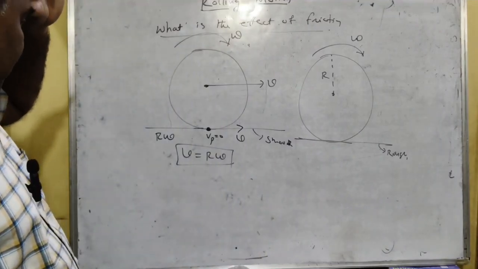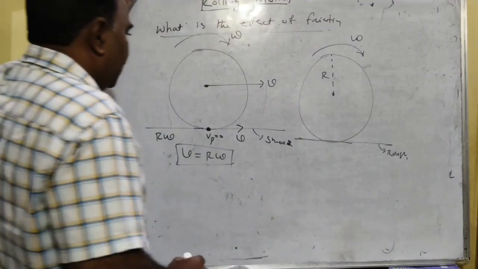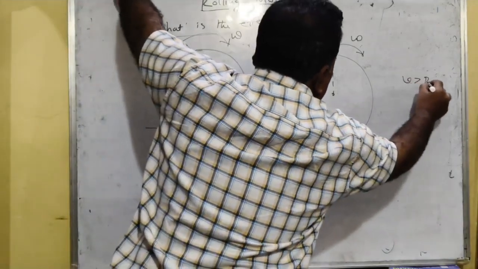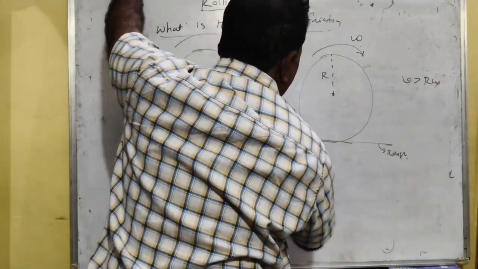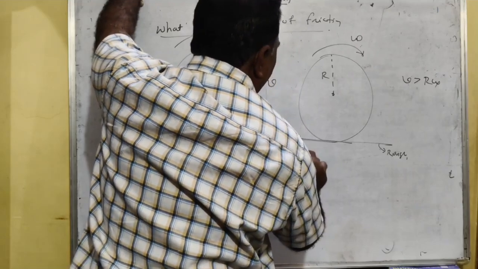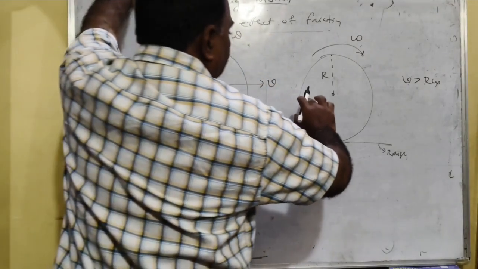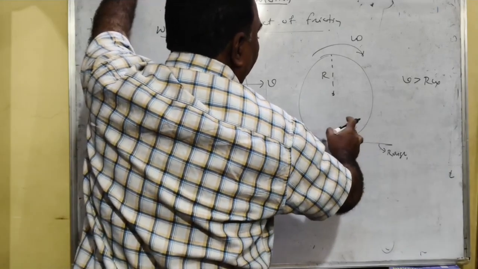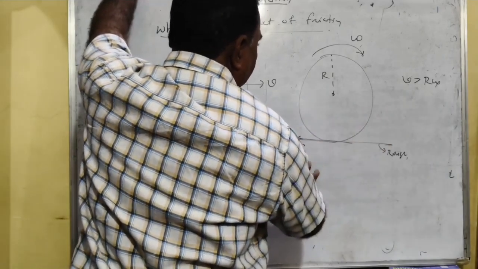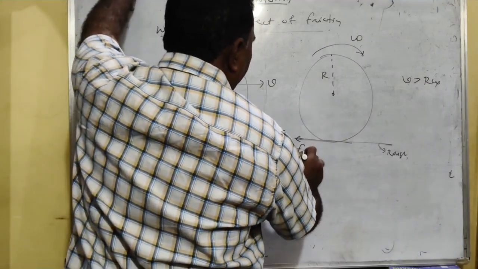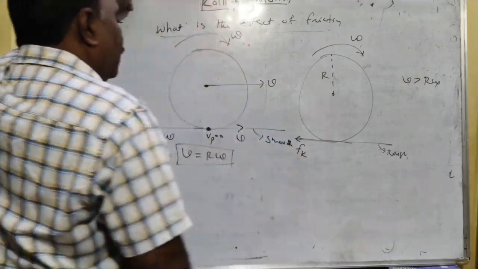If it is a rough surface, frictional force acts. If v is greater than r omega, frictional force acts backward. Initially it is static friction. When it slips forward, frictional force acts backward.